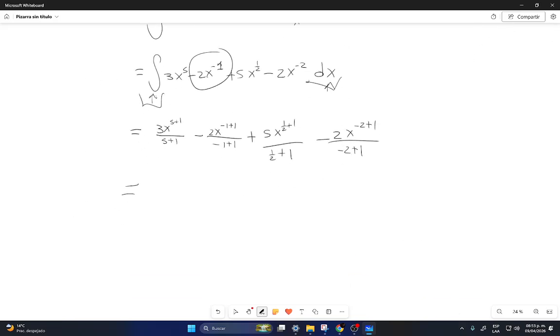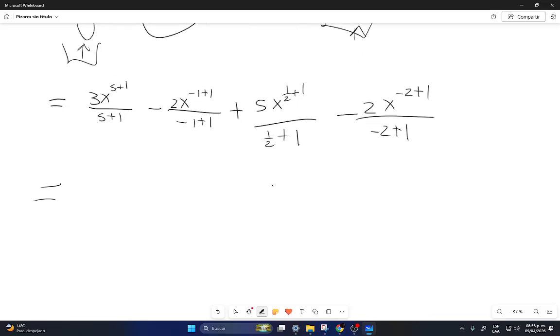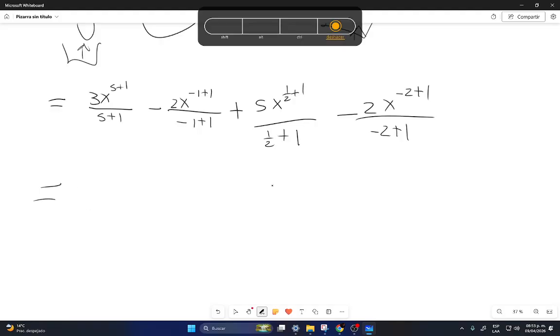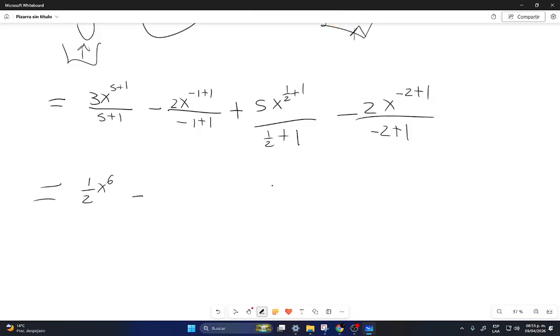Okay, let's simplify. That's x to the power 6 over 6, times 3, but we can simplify this. 3/6 is just 1/2, so let me write it as 1/2 x to the power 6, minus 2x to the power negative 1 plus 1, I'm sorry, I'm so tired.